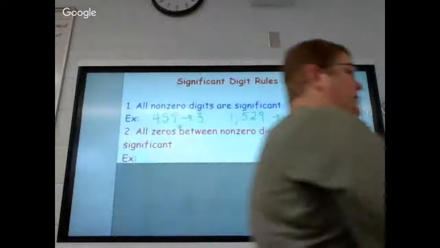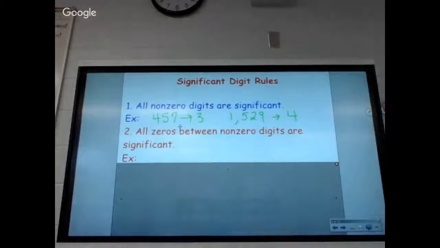Number 2 is probably the second easiest rule. Okay? All zeros between non-zero digits are significant.